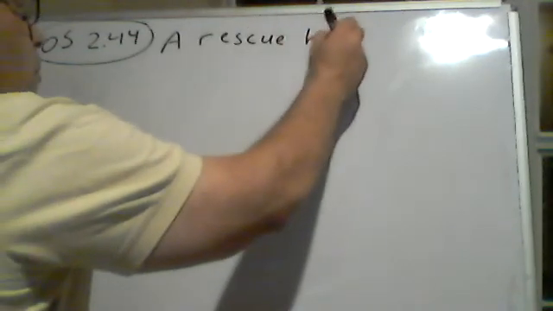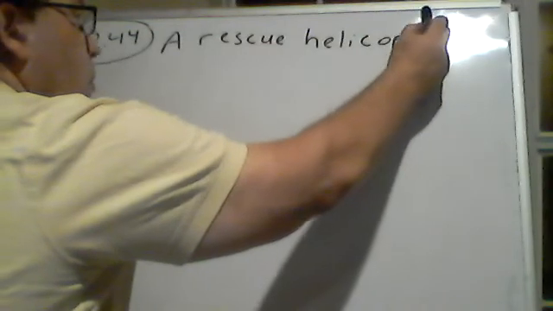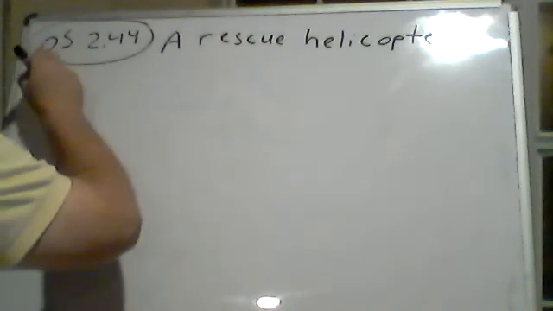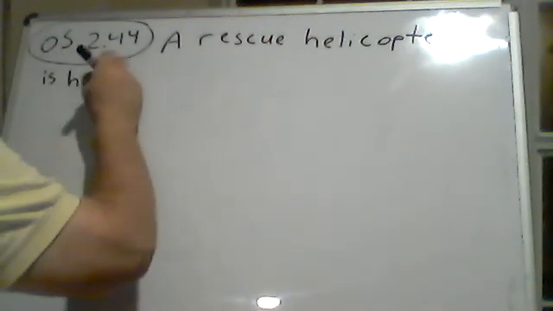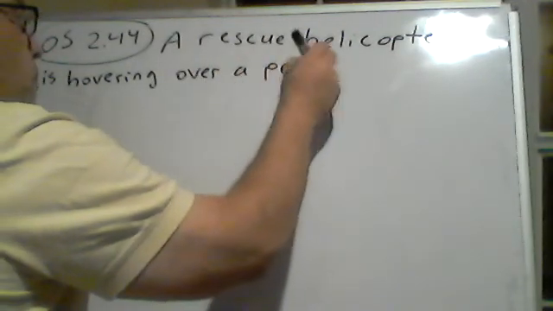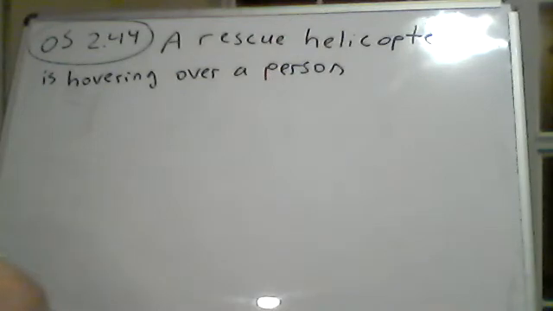All right, I'm going to go now to OpenStax, and I'm going to look at 2.44. Again, this is chapter 2, problem 44. And what's it going to say? It's a rescue helicopter, hovering over a person whose boat has sunk.